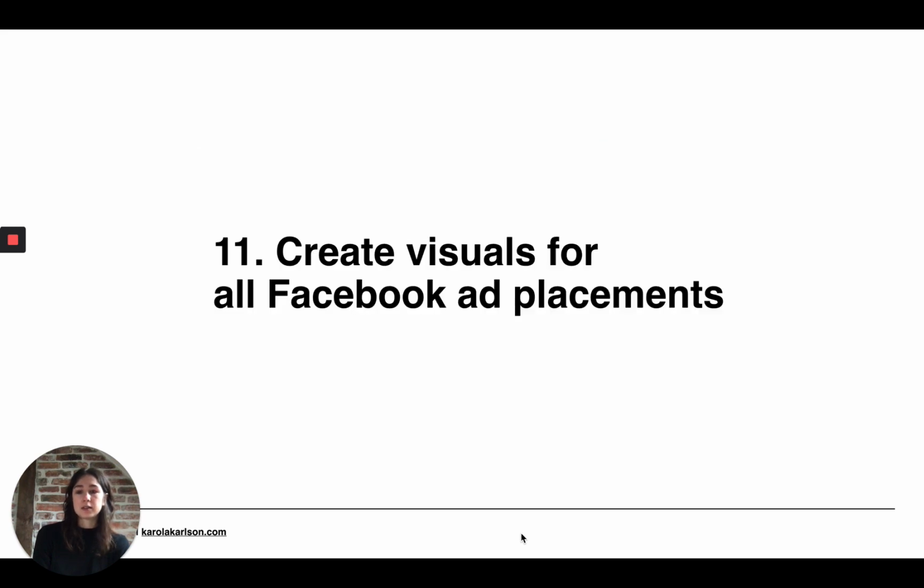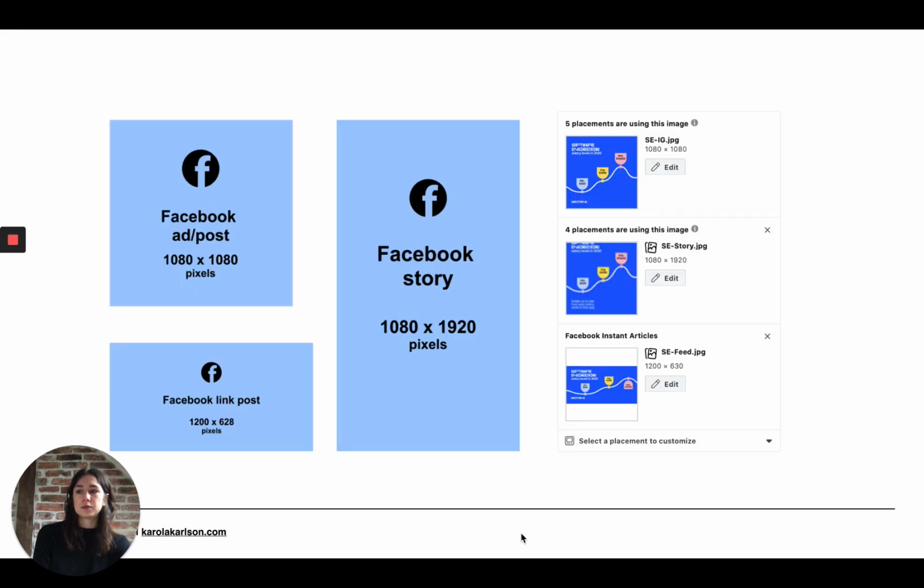So this is something we already covered a bit in the common mistakes section. You should create visuals for all the main Facebook ad placements. The most common ad formats are landscape, which is this tiny one here. Then there's the square one. This is what shows in most Facebook and Instagram feed placements.